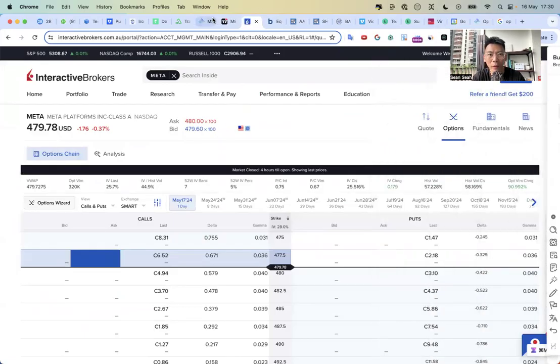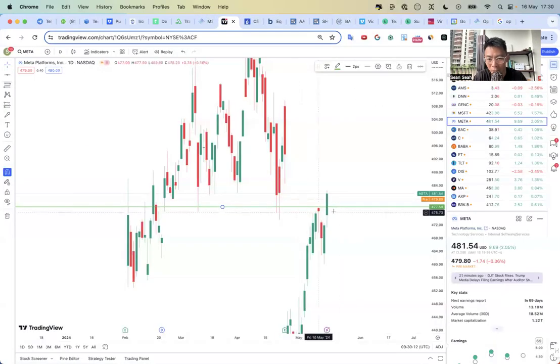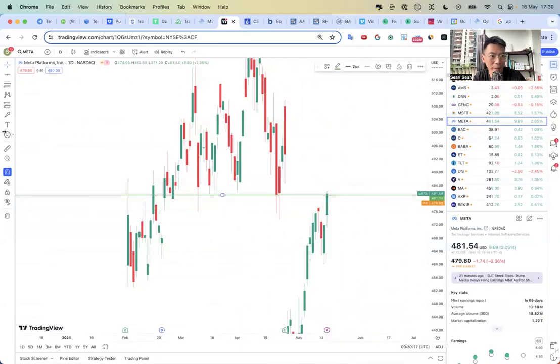Let's see, did I get it correct? 477.5. So what it means is when I buy a call option, I'm locking in the price to have the right to buy here. So let me put here: 477.5 call, buying gives me the right to buy Meta at 477.5.